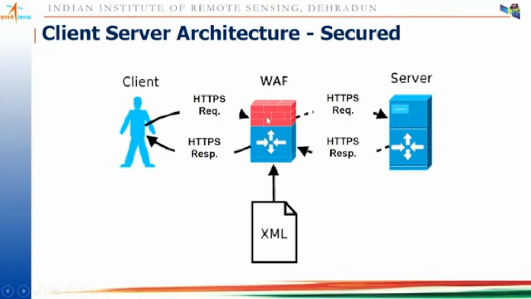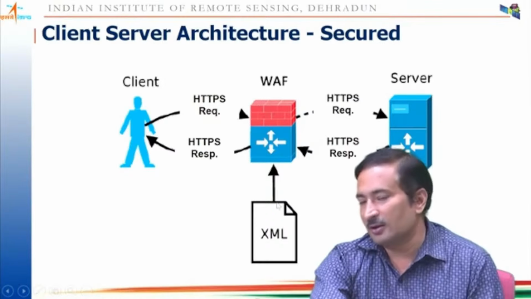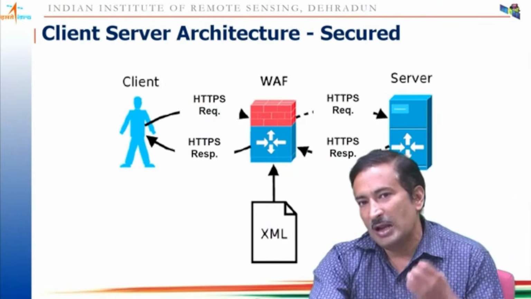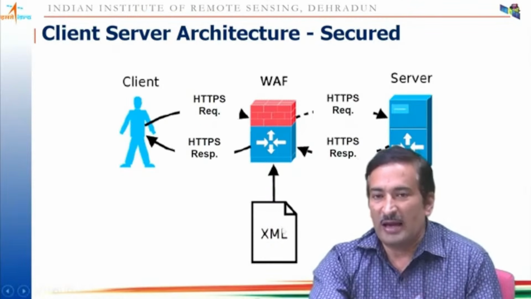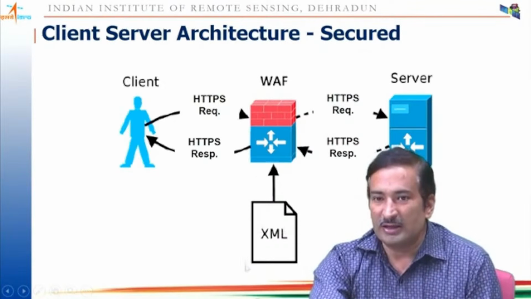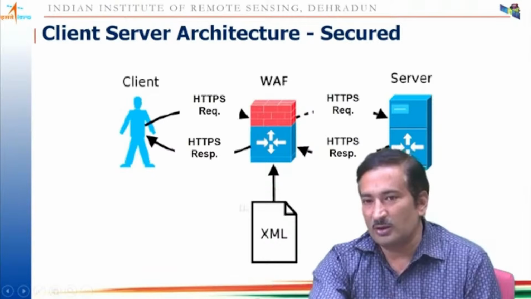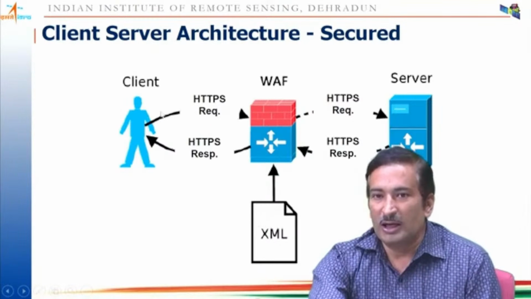Now how do we know which is a malicious request and which is a valid request? Here we also have a database of certain requests which have been labeled as blacklisted URLs or blacklisted requests. A database of all those requests is maintained, and from that database this XML fetches those requests and matches them with the new request.